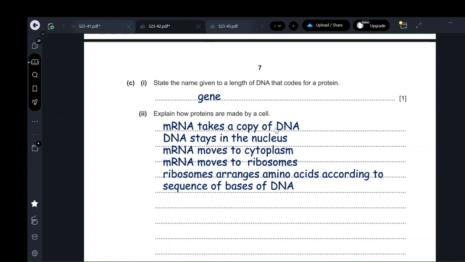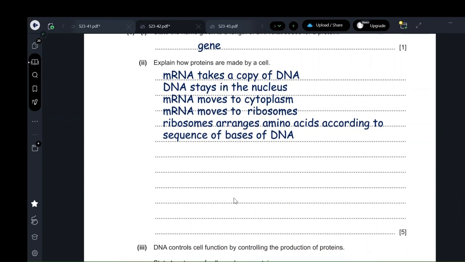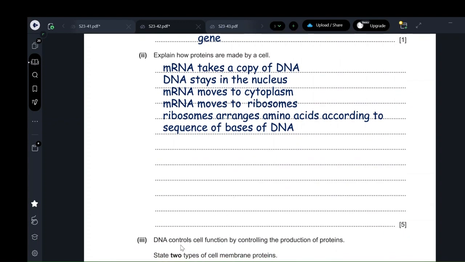The DNA stays in the nucleus. mRNA moves to the cytoplasm and then it goes out to the ribosomes. Ribosomes arrange the amino acids according to the sequence of bases in the DNA. DNA controls the cell function by controlling the production of proteins.